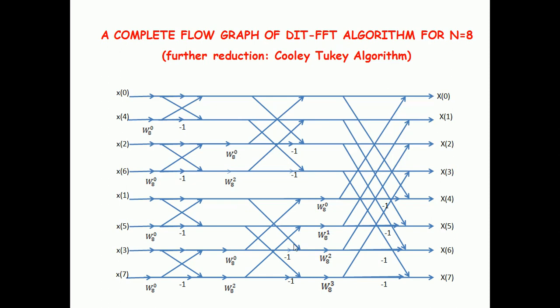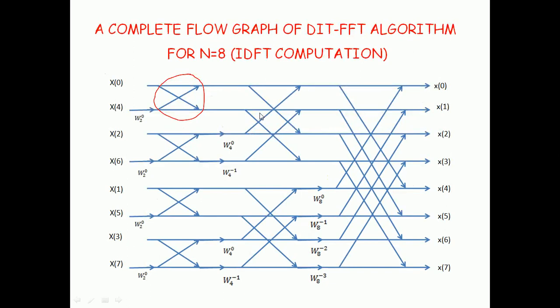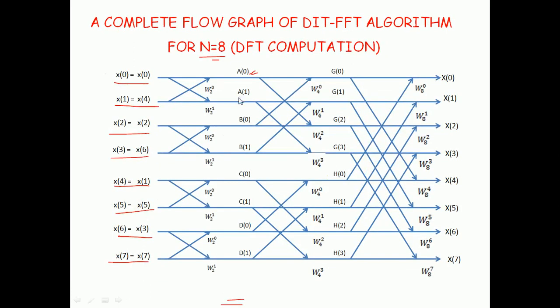Okay, now as we have discussed in this diagram itself, how many intermediary values do we have? A of 0, A of 1, B of 0, B of 1, C of 0, C of 1, D of 0, D of 1, G of 0, G of 1 till G of 3, H of 0 till H of 3. So how many intermediate results are to be held in registers? So here 4, 8, here 8.